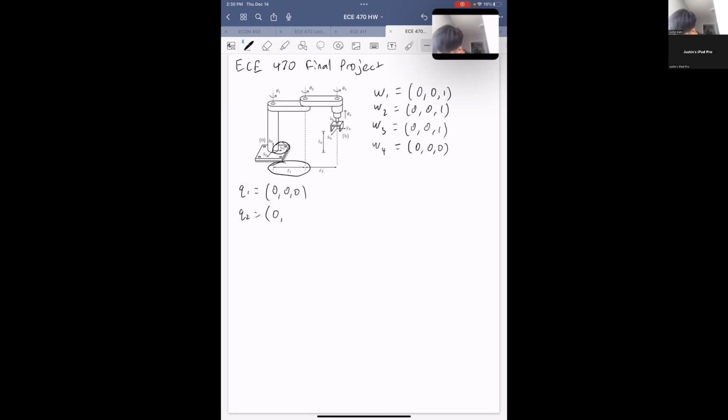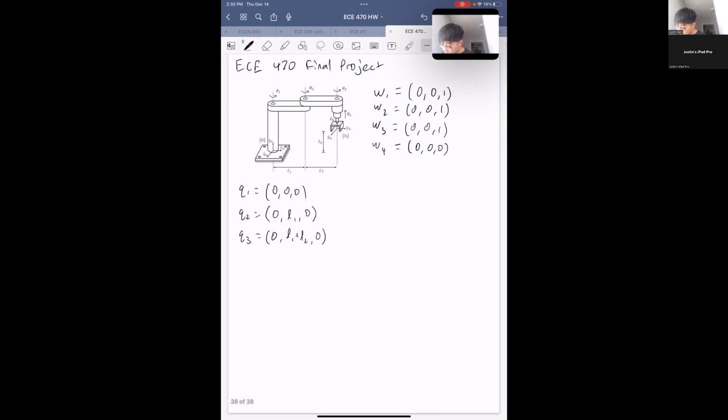So we can say that q2 is equal to 0, L1, 0. For q3, we can see that it's now offset by L1 plus L2 in the y direction again. So it's going to be 0, L1 plus L2, 0. And then finally, the q4 does not matter because it is a prismatic joint.